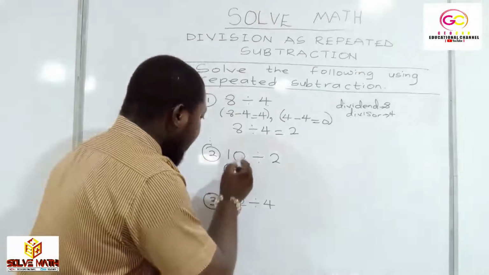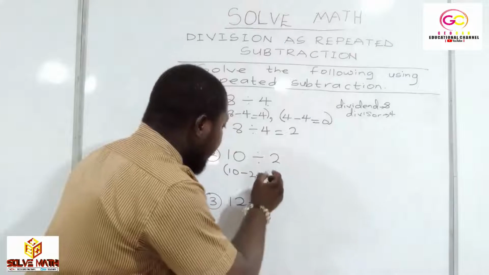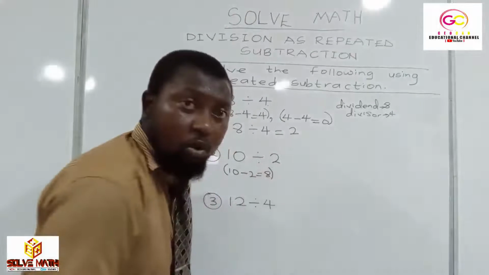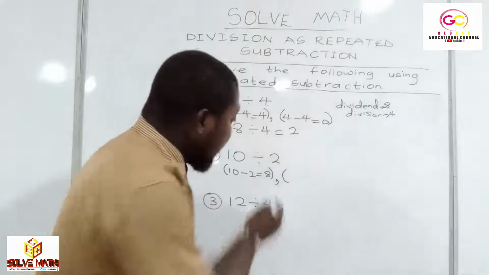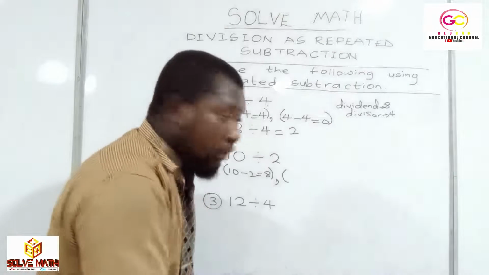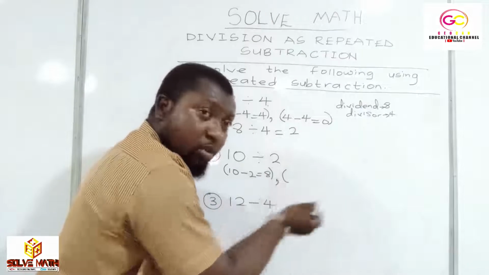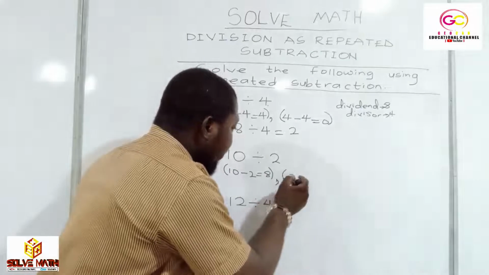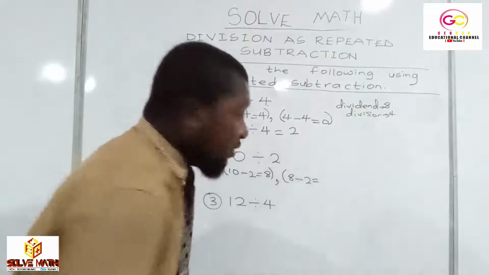So 10 minus 2 is equal to what? 8. So our first subtraction, close your bracket, bring a comma here. We don't have 0 yet, right? So we are continuing with the subtraction. So 8, don't forget, is the result you have here. You keep on subtracting. So 8 minus the divisor, which is what? 2, which will give us what?